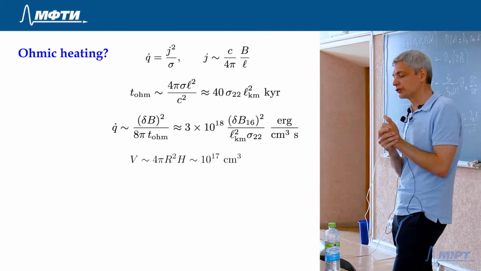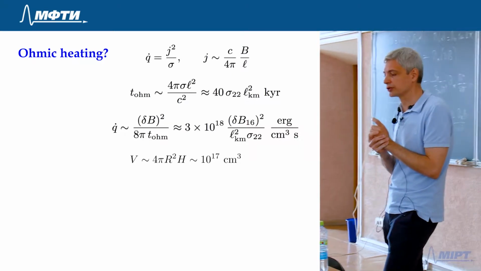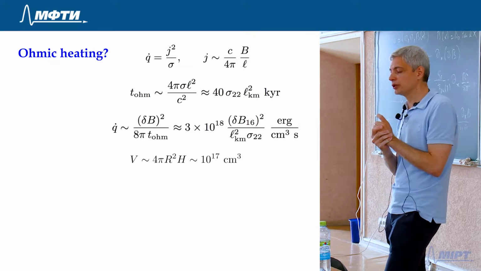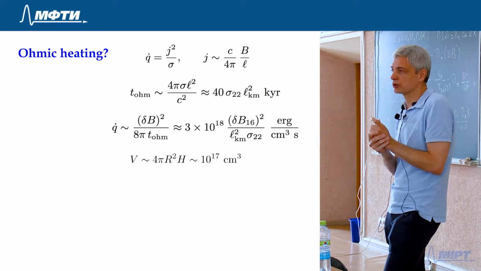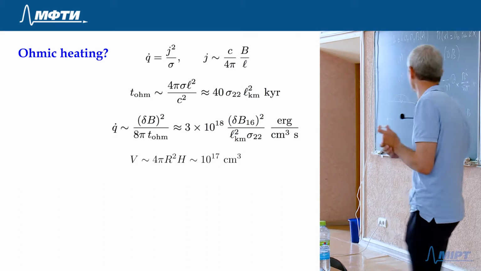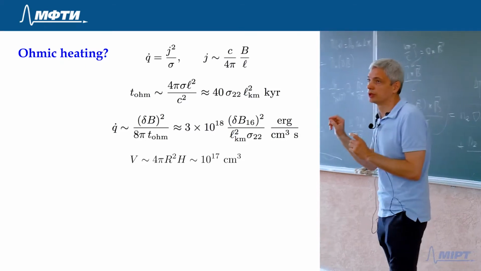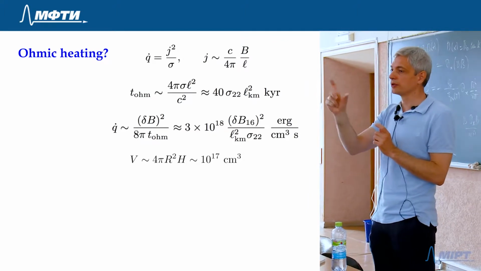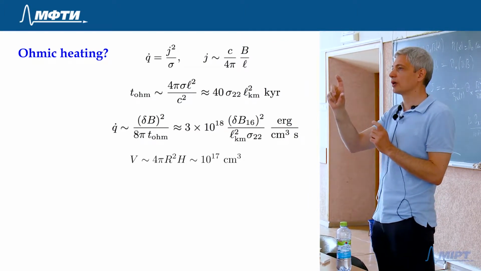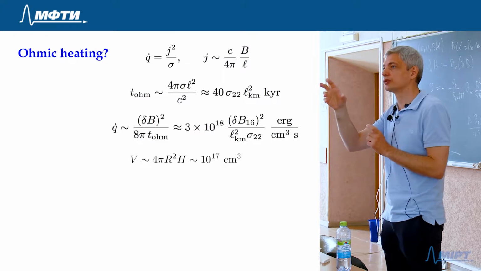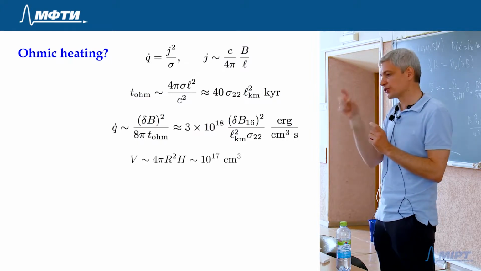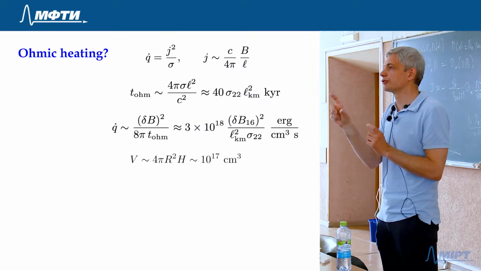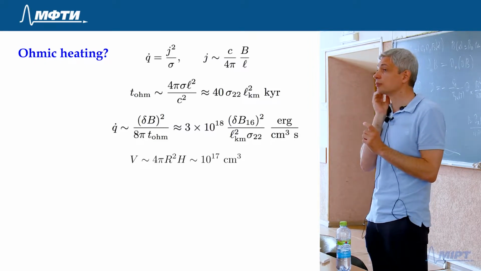Maybe it is an interesting source of heat in the crust, especially in the upper crust. For that, you would need, obviously, very strong current density J, so you need very large curl B. If you have structures in the crust where the magnetic field changes by delta B of 10 to the 16th Gauss over a scale like 100 meters, or less than 1 kilometer, then the ohmic dissipation can become important.